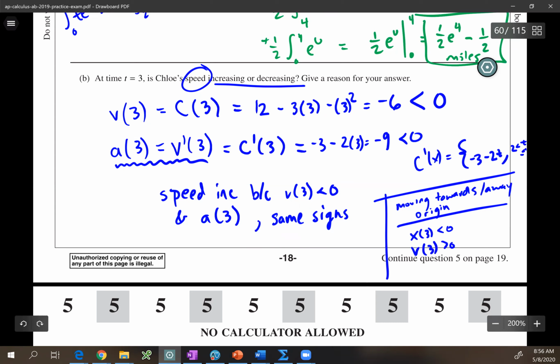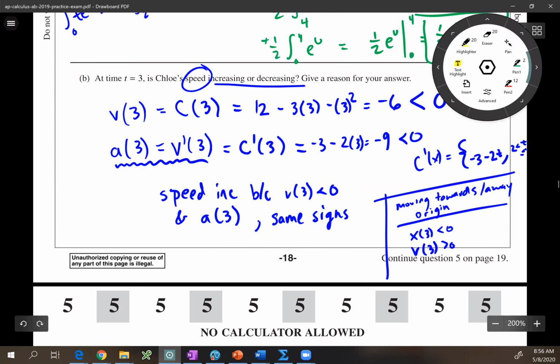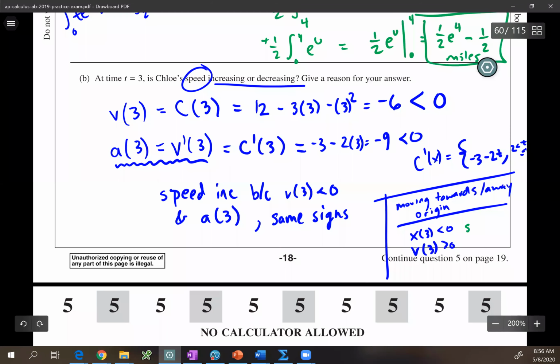But what's different is that on this one, the same sign actually moves away from the origin. I have that in our cheat sheet, so don't feel like you need to fully memorize that right now, but just know that it's the same setup. You have to find X of 3, you have to find V of 3, and check their signs, and then match it to what we know, which is same sign is away, opposite signs are towards.